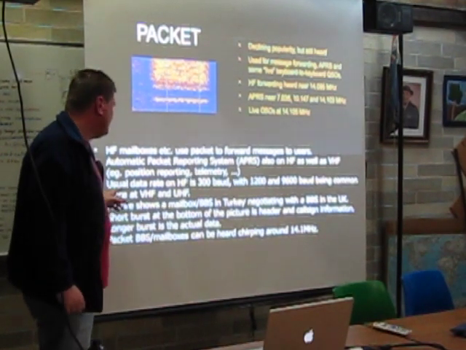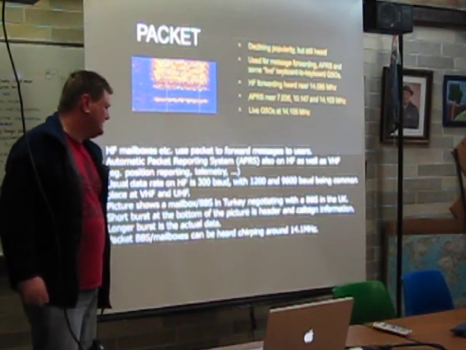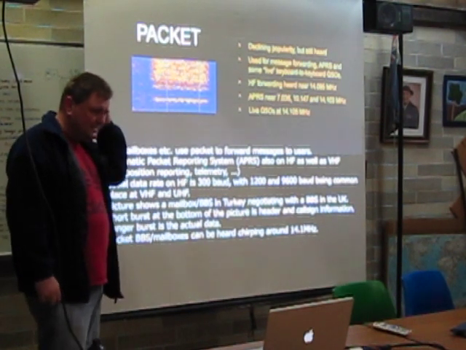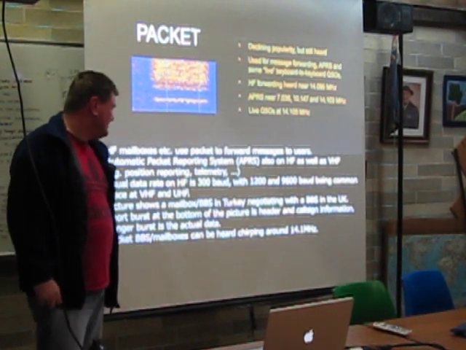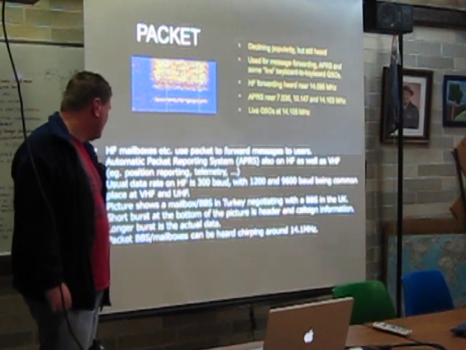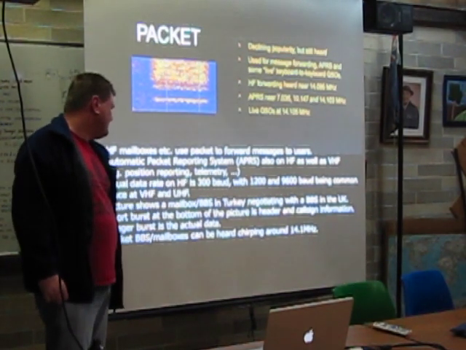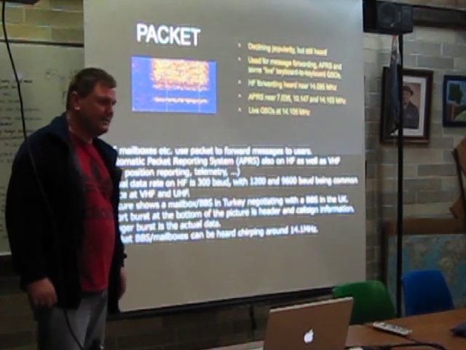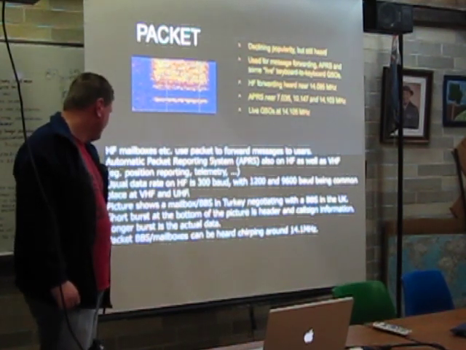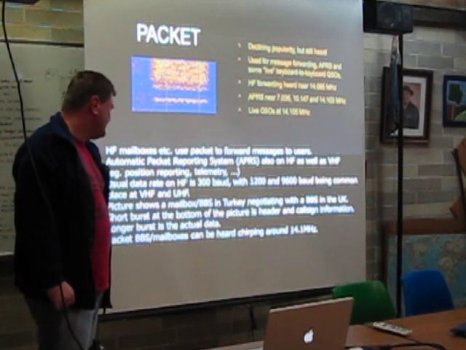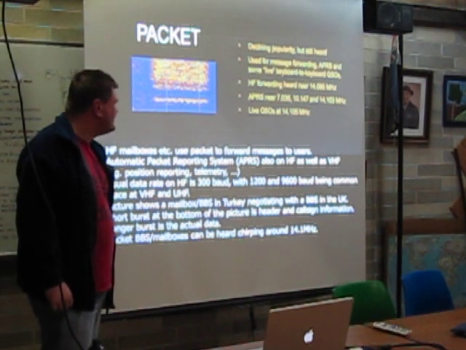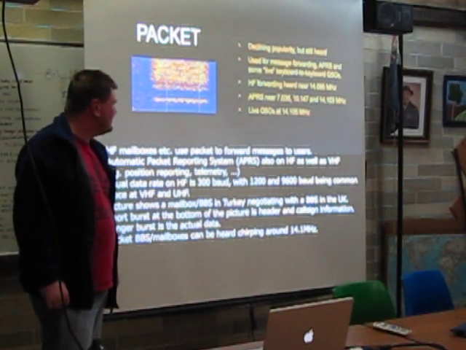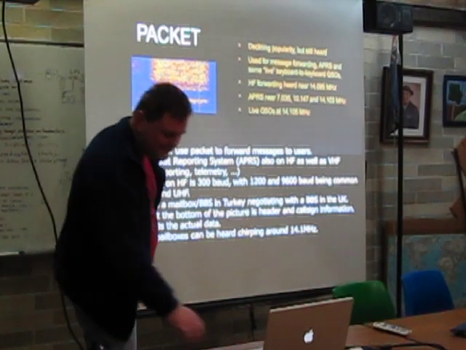Occasionally you can get high speeds like 9600 baud. If you're doing satellite work, they tend to use that high speed. And if you're on HF, it's generally 300 baud, so it's a lot slower on HF. It's a fun mode, so I'll talk some more about that some other time.